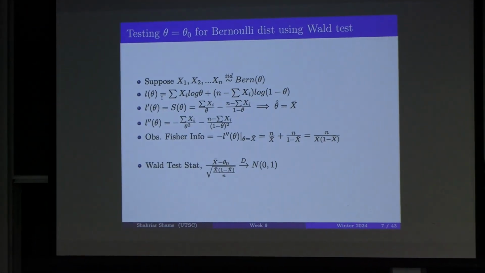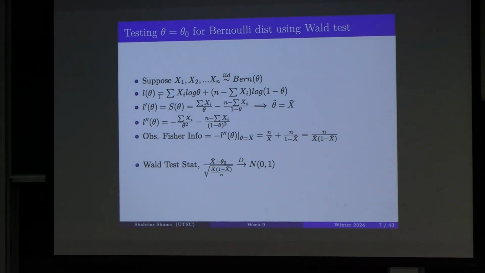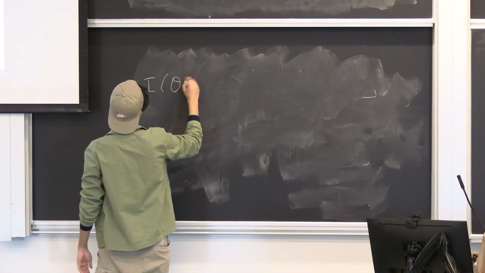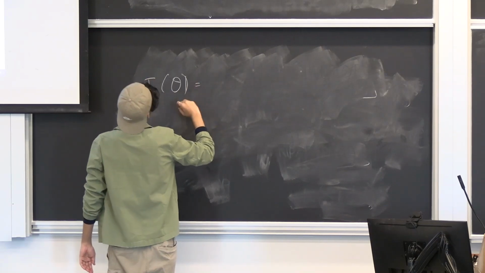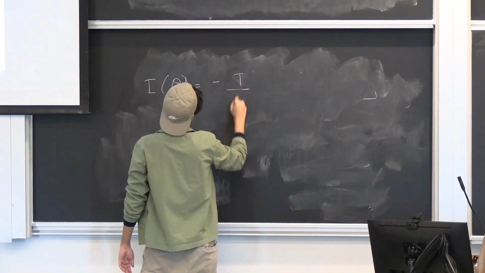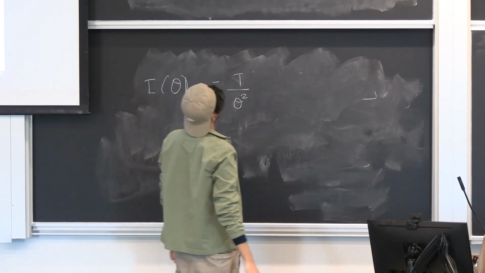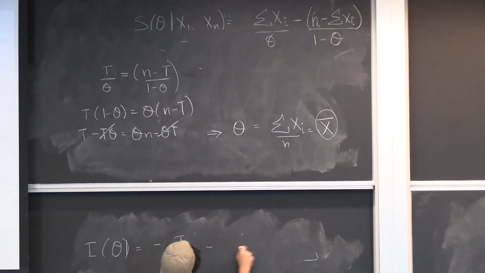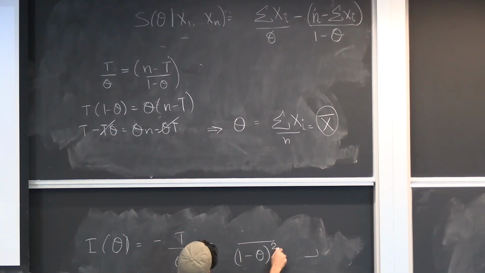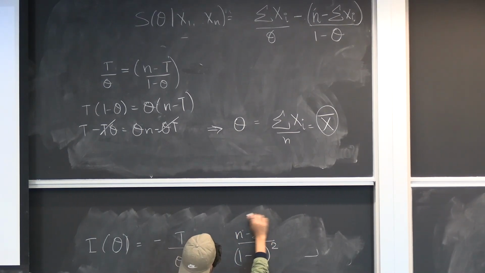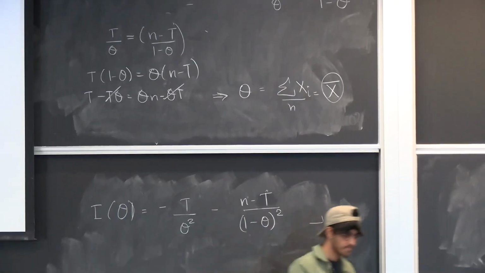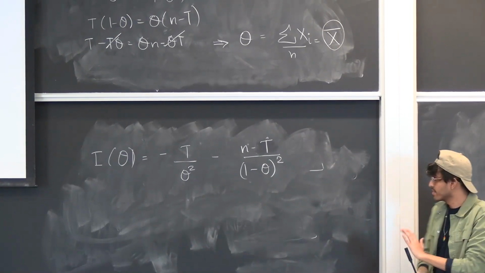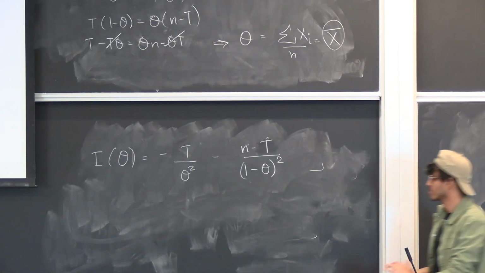So the double derivative is minus t over theta squared. Oh, this is annoying. For 1 minus theta, the minus goes out, but then you have another minus. So the minus stays, and then you just have 1 minus theta squared, and then you have the same thing, n minus t. Right? Okay. And then you can evaluate this at theta hat, which is the average.